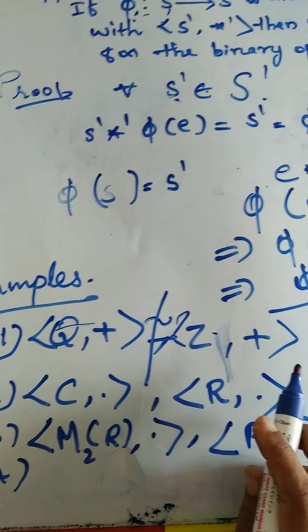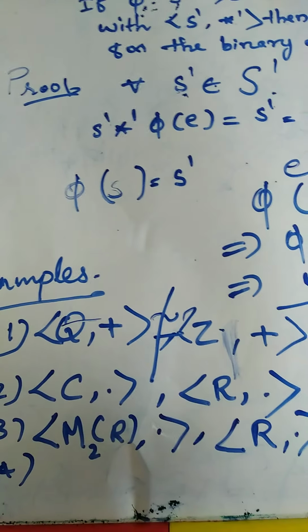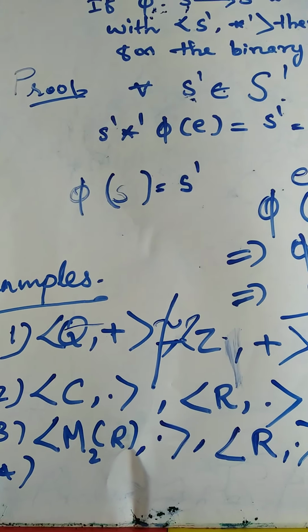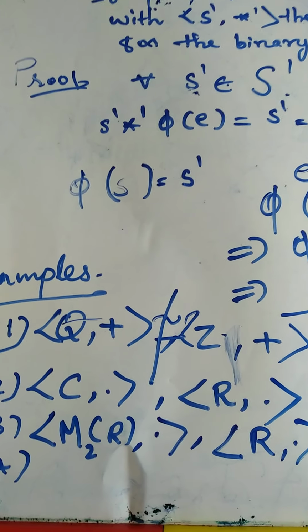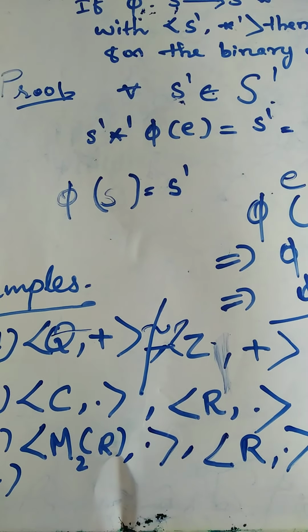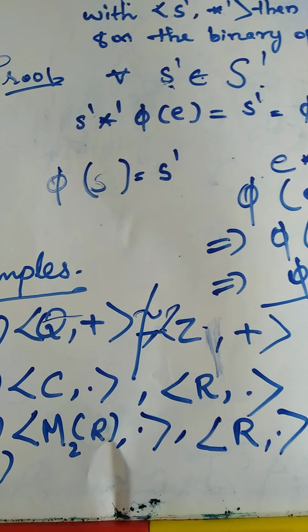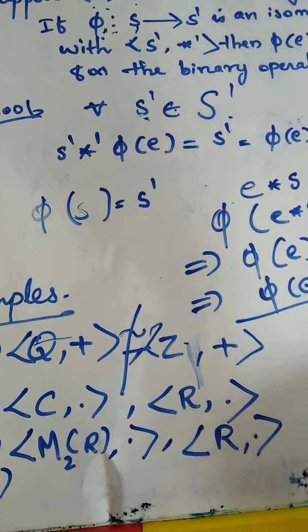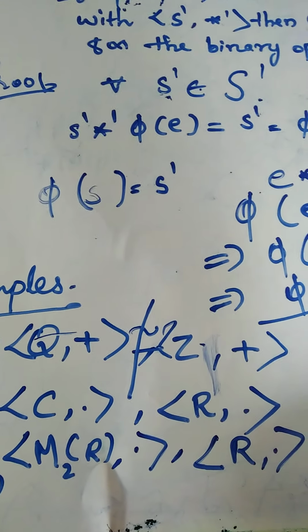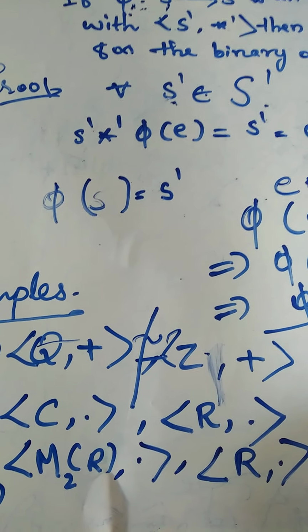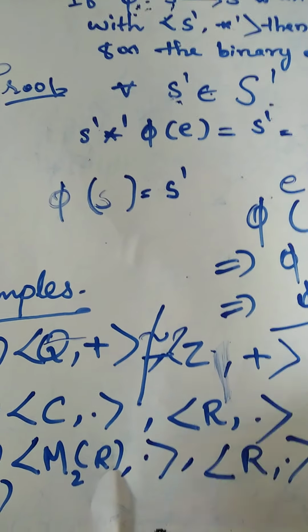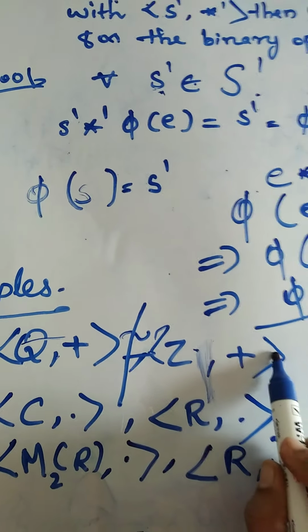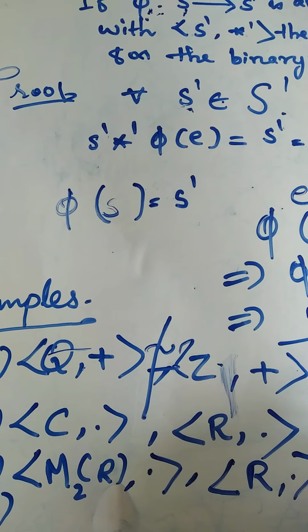To prove two algebraic structures are not isomorphic, it is enough to show that there is at least one property that holds for one algebraic structure and does not hold for the other. So if there exists some property in Q plus that does not hold in Z plus, we can say that they are not isomorphic.